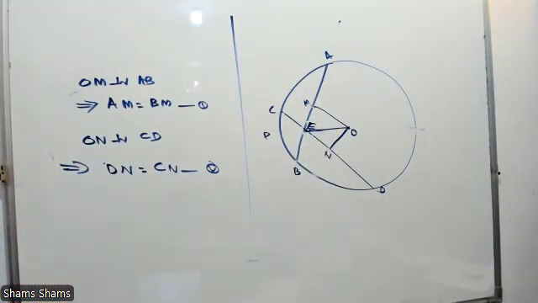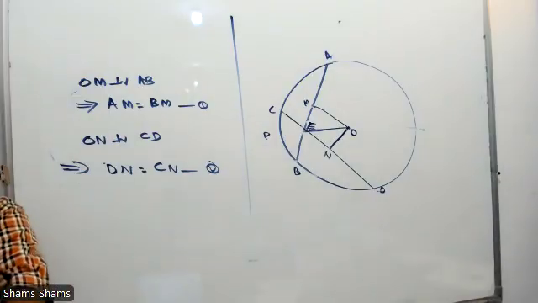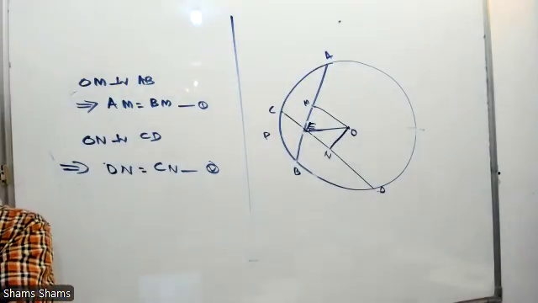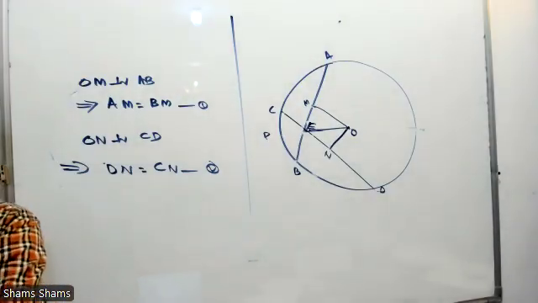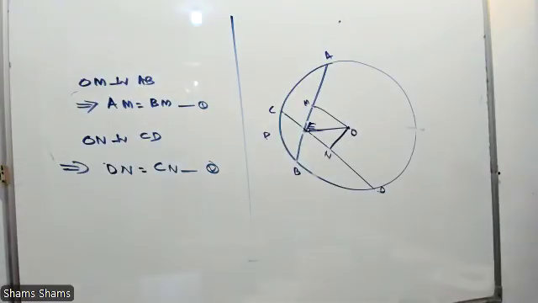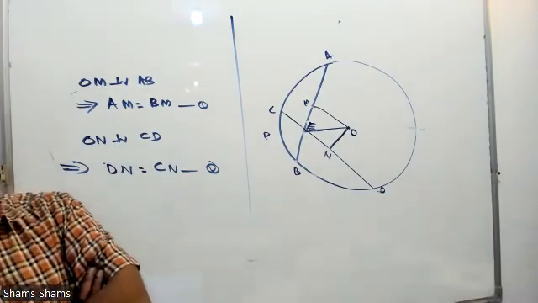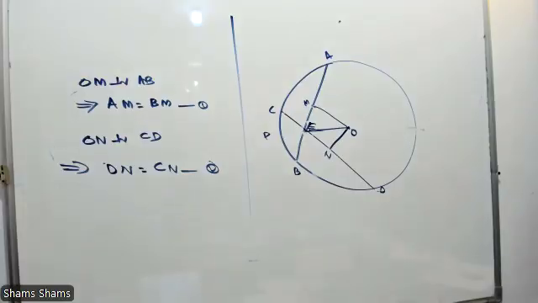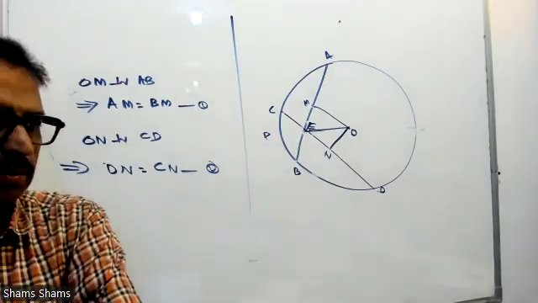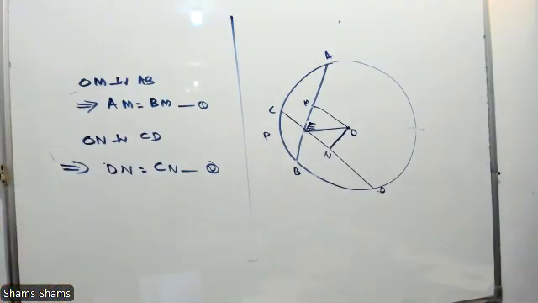Triangles OME and OLE are congruent. Any side, any angle equal? OE common, and the angle is 90 degrees. One more you require now.